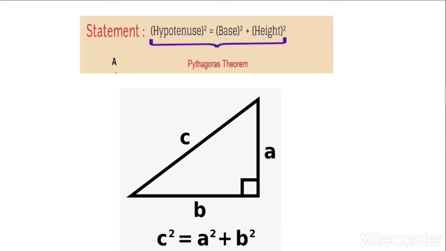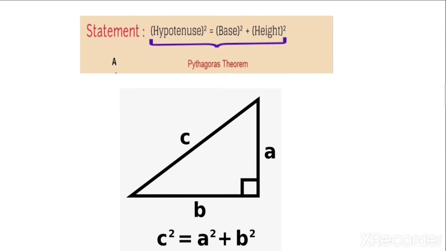Now moving forward, let's have a quick recap. You have already known about the Pythagoras theorem. What is the Pythagoras theorem? The square of the hypotenuse is equal to the sum of the squares of the base and the perpendicular. That means the square value of the longest side of the right angle triangle is equal to the sum of the squares of the other two sides.